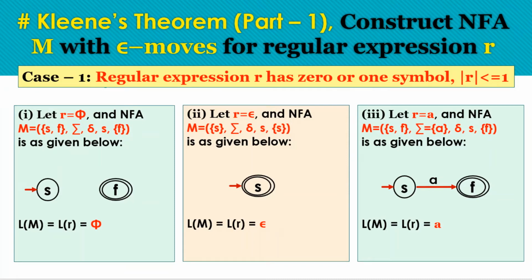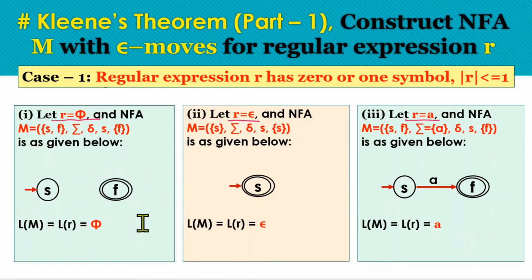For case 1 we had taken three cases: where the regular expression is phi, where it is null, and where it has only one input symbol, say a, or any other input symbol. For phi we have a start state and a final state, but no connection between them, so we cannot reach the final state from the initial state.